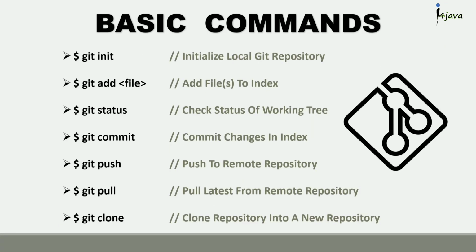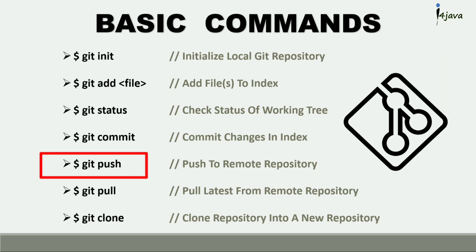So these are some basic commands we have to learn. Okay, git init is used for initializing our local repository as a git repository. Git add is used to add files to the index. Git status is used to check the status of our working tree. Git commit is used to commit changes in the index.